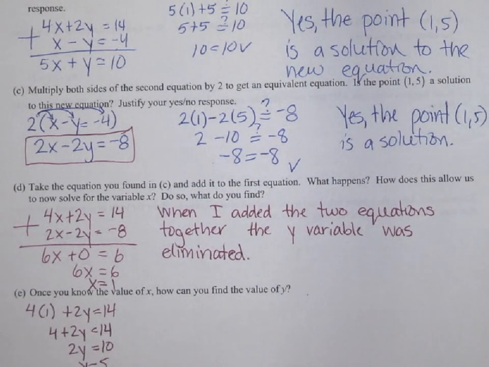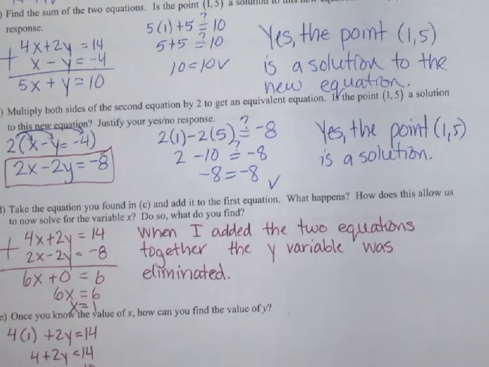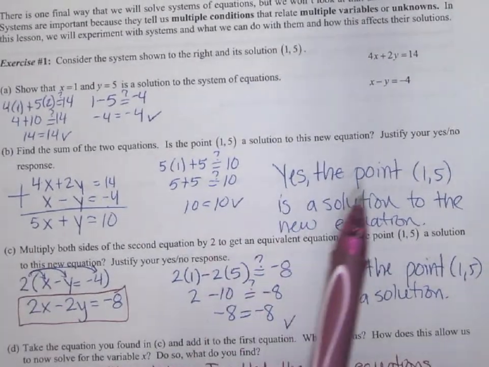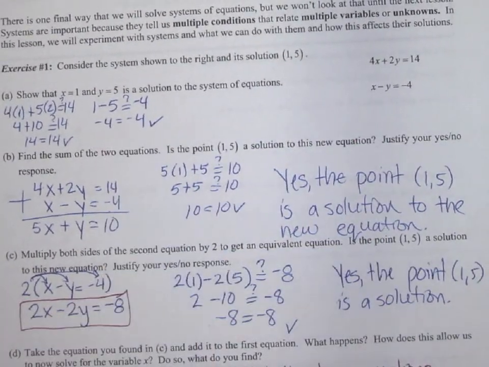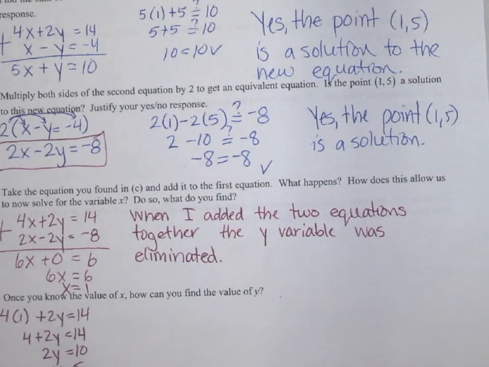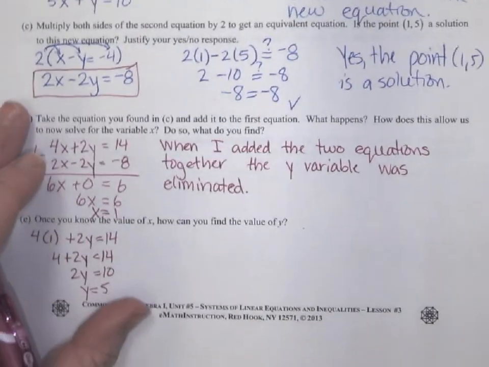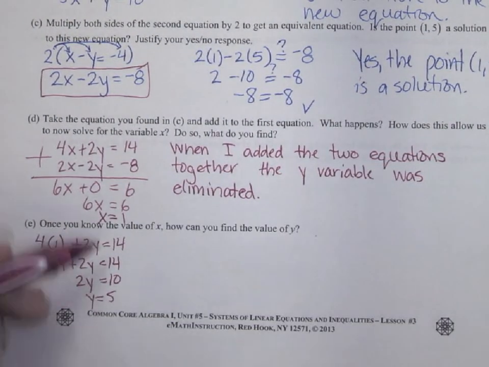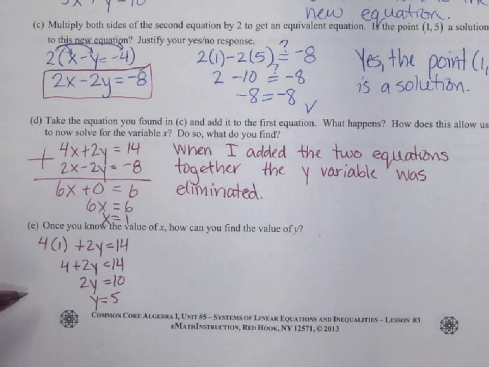And now I'm going to check (1, 5). I know it is a solution to my original equation because I checked it right here. So I was able to algebraically show, by following the rules of arithmetic, what my variables represented.